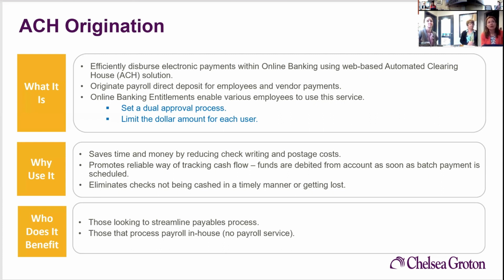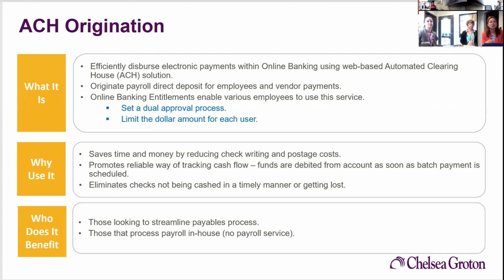So what this allows you to do is push payments out directly to any account, whether that's business or personal, in the domestic US. So as long as the account is within the United States, you can push out this payment electronically to their account. It's all available within online banking, so it's not something that you need a separate platform for.